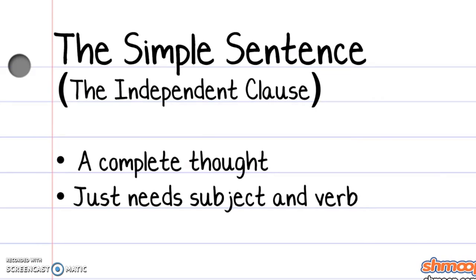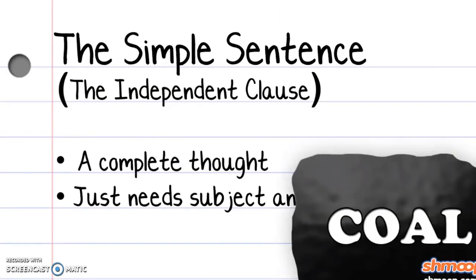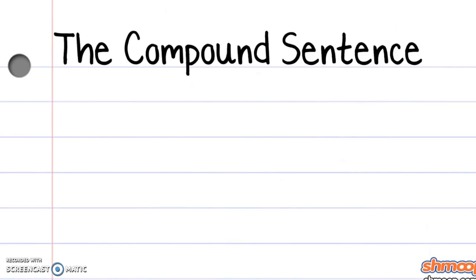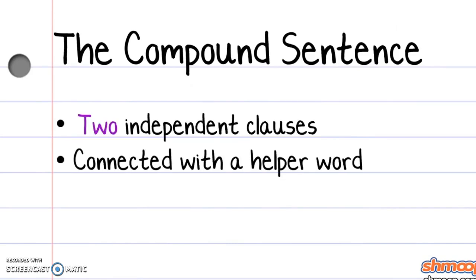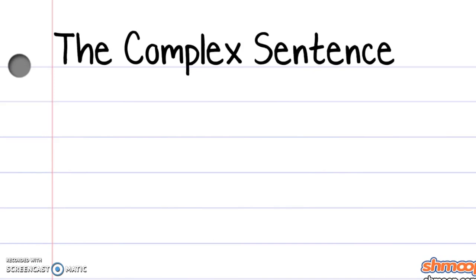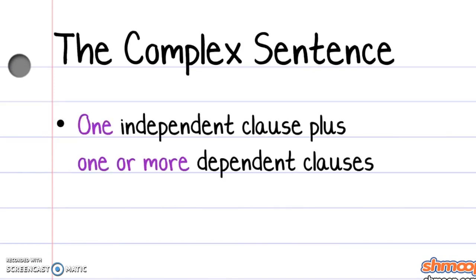The other 2 types use different helper words to connect clauses. Did somebody say clause? Compound sentences have 2 independent clauses connected with a helper word, such as and, nor, or so. And finally, complex sentences really live up to their name. They have an independent clause plus 1 or more dependent clauses, which can't stand alone as complete thoughts.